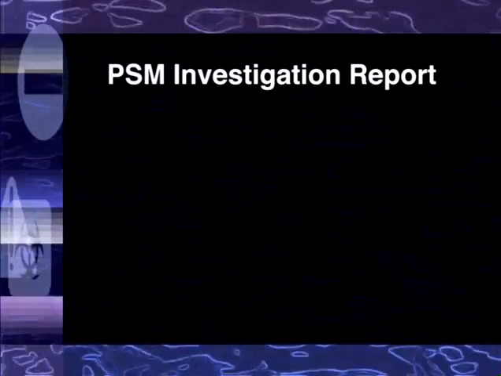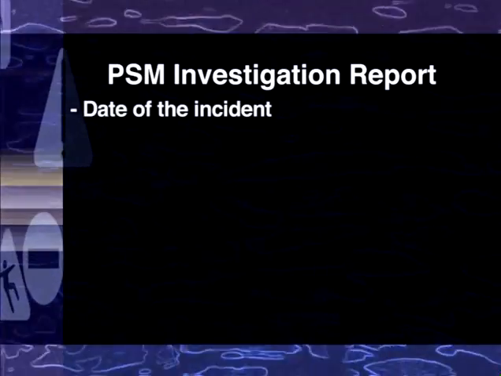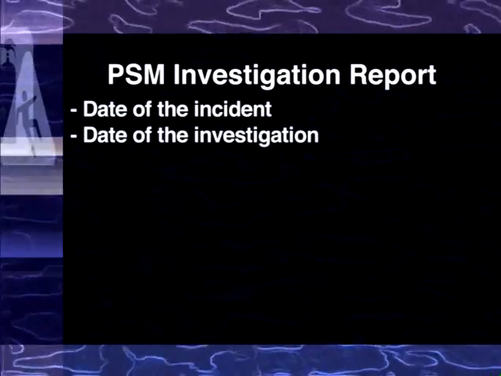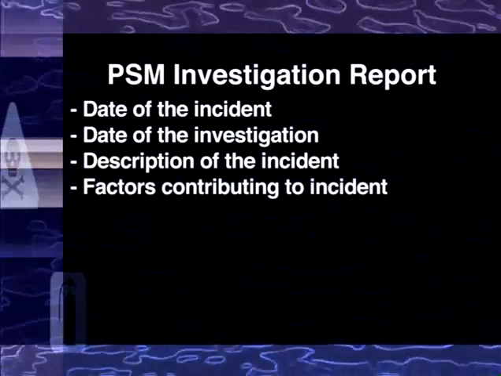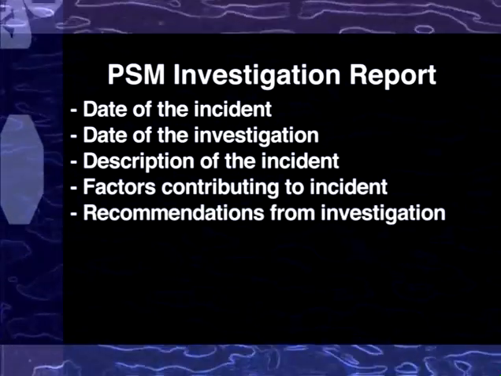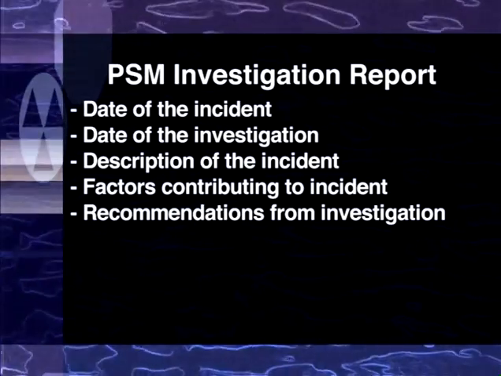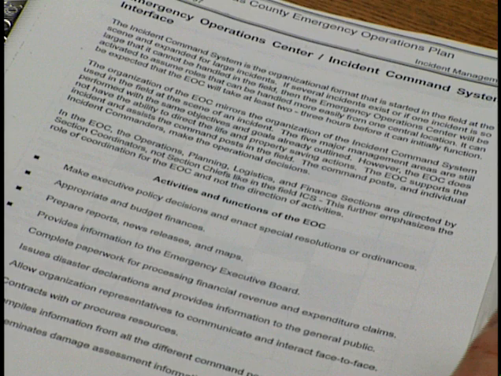An investigation report includes at least date of the incident, date the investigation began, description of the incident, factors that contributed to the incident, and recommendations resulting from the investigation. A system is established to promptly address and resolve the incident report findings and recommendations. The utility is required to keep these incident investigation reports for 5 years.